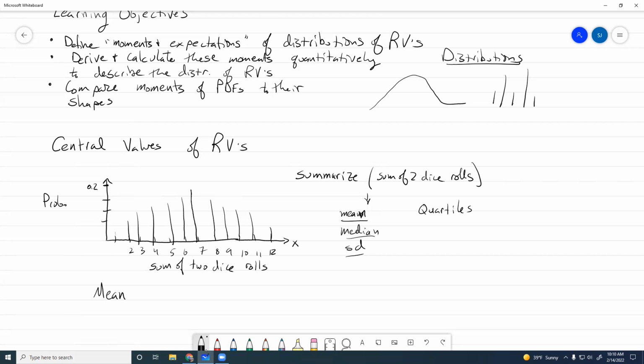So we've got the mean, and we're all vaguely familiar with what the mean is, right? It is also known as the expected value of X. Why do we say expected value?